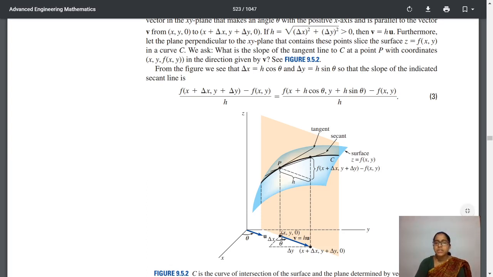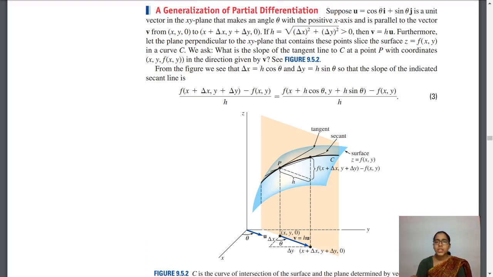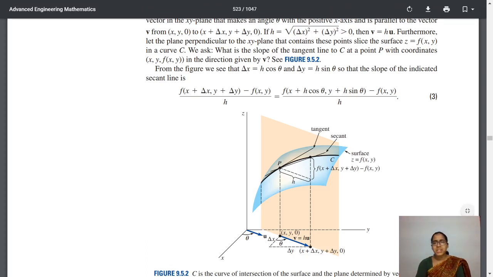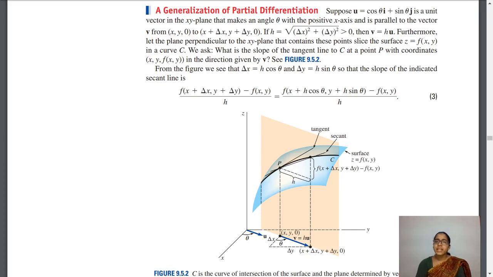You can see it in figure 9.5.2. Now, if h is equal to root of delta x square plus delta y square, then we can consider v is equal to h into u. Here this blue shaded portion is the given surface. Now, this rectangle is a plane.